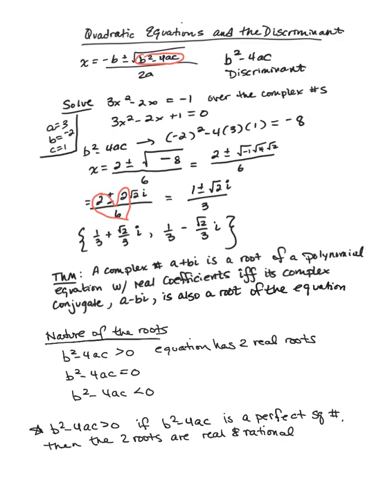So then it goes without saying that if b squared minus 4ac is not a perfect square in this case, then the roots are real and irrational.